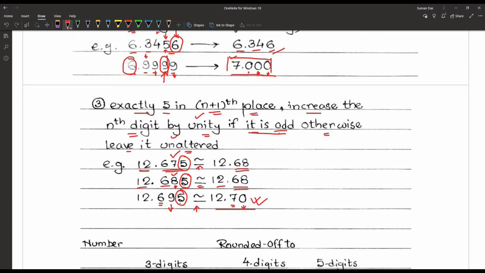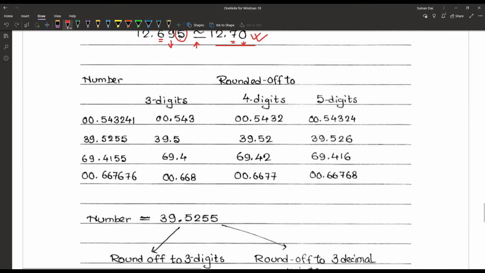Let's check the rounding off with some more numbers. The first one, 00.543241. We are now rounding up to 3 digits. Only 3 digits, not after the point. So that means 00.543. Here 00 is present, so that is becoming 00.543.